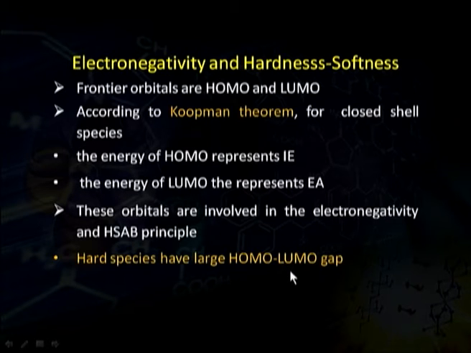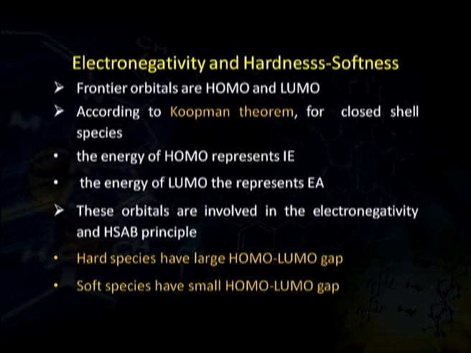HOMO and thereafter comes LUMO. If this gap is very large, the species would be hard, and in the second case, soft species have a small HOMO-LUMO gap. If the gap between HOMO and LUMO is small, then the species would be soft. So, we can decide from the gap whether a resulting species is hard or soft.